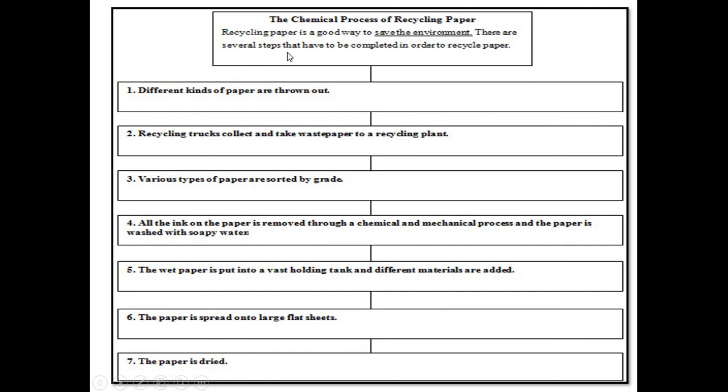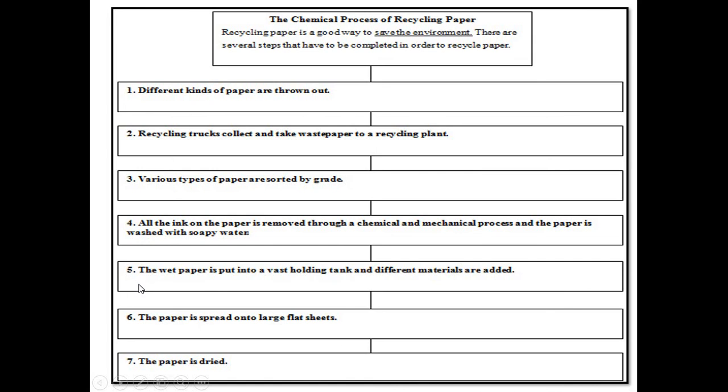There are several steps that have to be completed in order to recycle a paper. So the first step is different kinds of papers are thrown out. Second step, recycling trucks collect and take waste paper to a recycling plant. The third step, various types of paper are sorted by grade. The fourth step, all the ink on the paper is removed through a chemical and mechanical process and the paper is washed by soapy water.